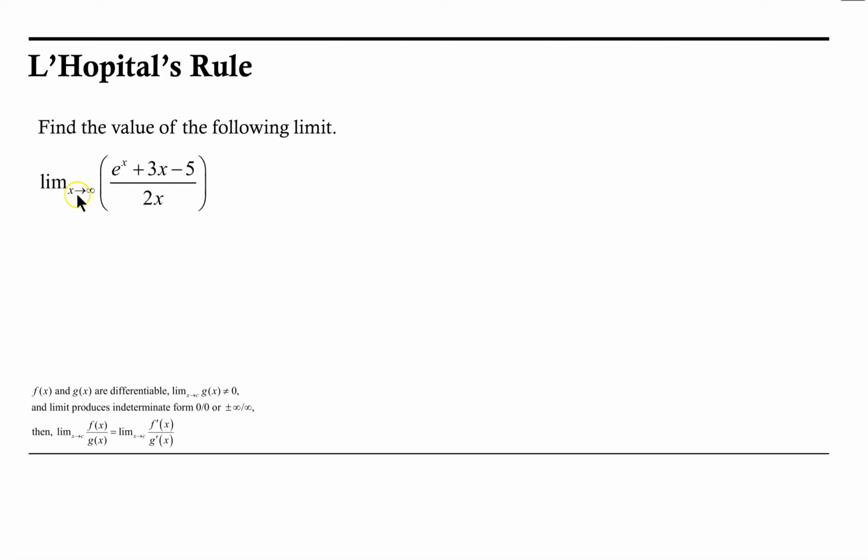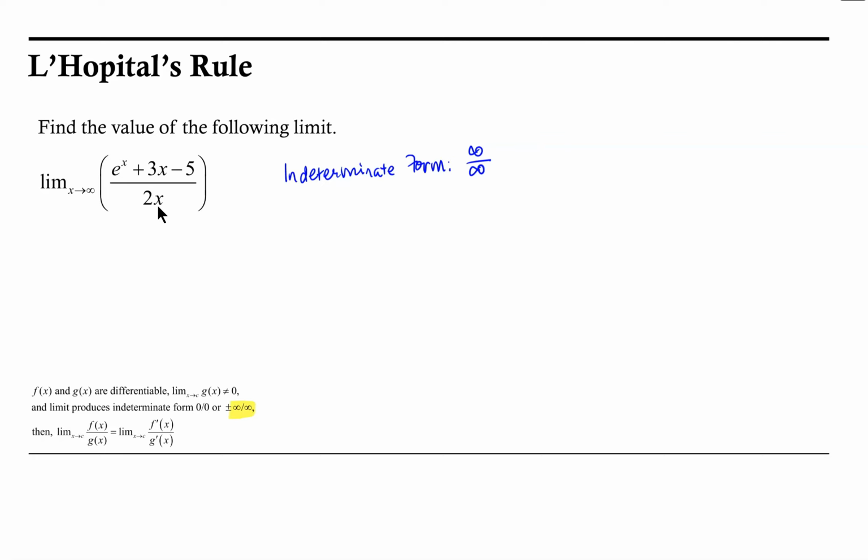My denominator, 2x, will approach infinity as well. So we have an indeterminate form of infinity over infinity. And this is an eligible form to apply L'Hopital's rule.